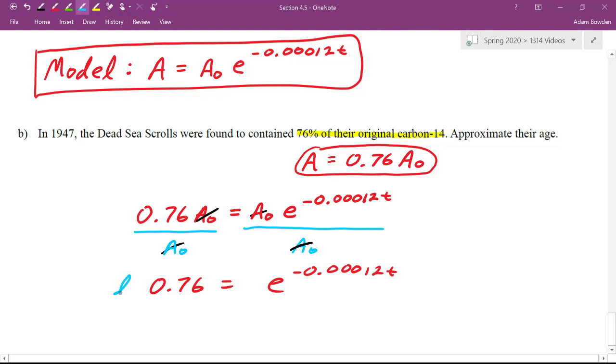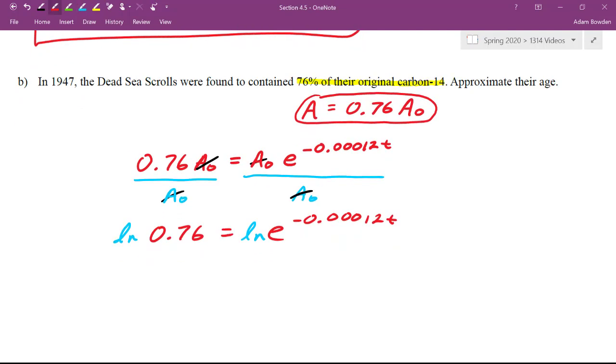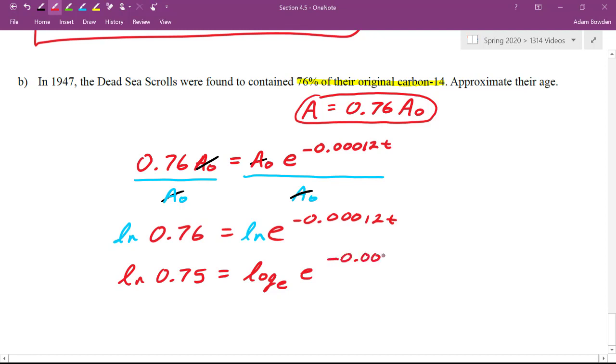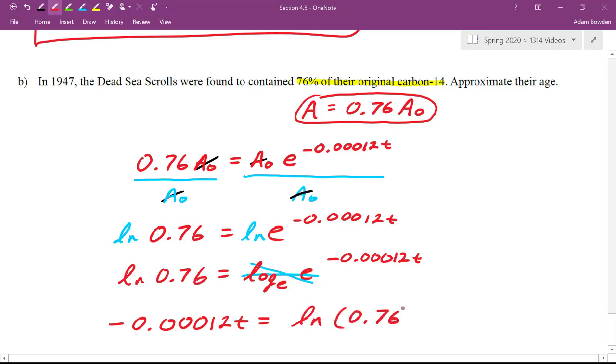Now, like we've been doing so far, when we have e and we're trying to solve, we'll take the natural log of both sides. ln 0.76, we of course recognize that ln and e are going to cancel because log base e is the same thing as ln. So we're going to get negative 0.00012t is equal to ln of 0.76.